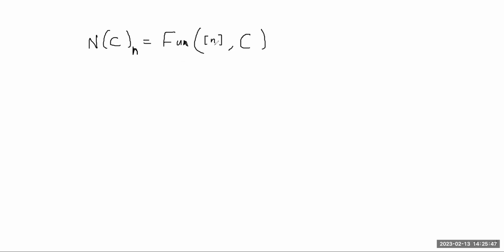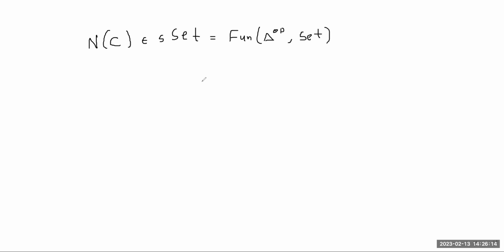We can think about this as a category, actually. Let me say again, what is a nerve? A nerve of C is a simplicial set, right? A simplicial set is a functor from delta opposite to set.